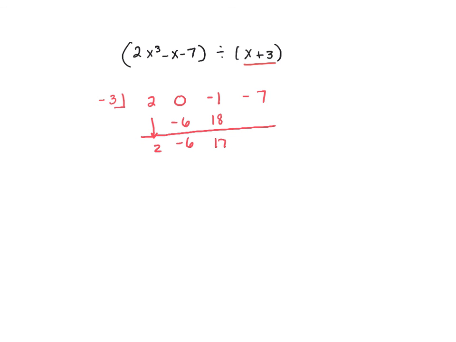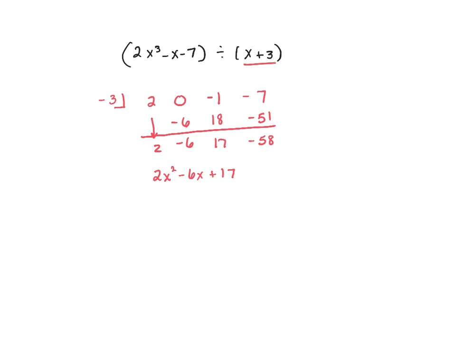When I add them, -1 plus 18. I multiply, which is -51, I believe, and then I add them. That gives me -58. And so I started with 2x cubed, so now I'm at 2x squared minus 6x plus 17.